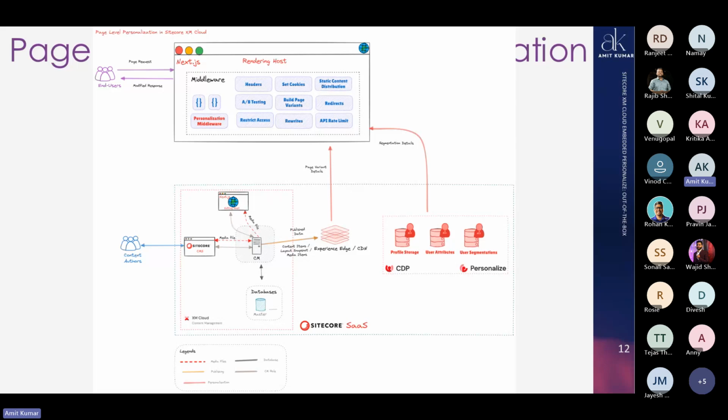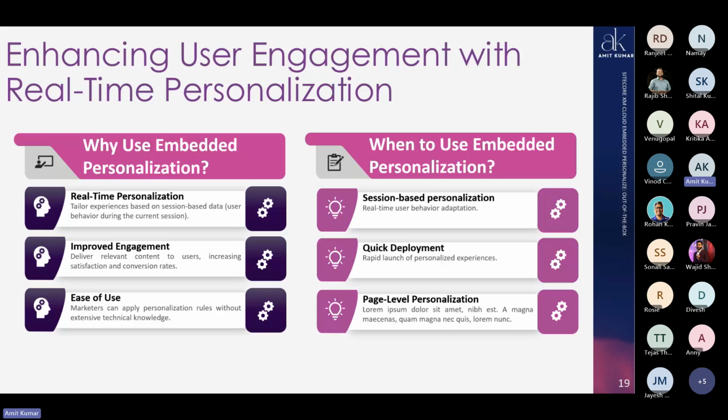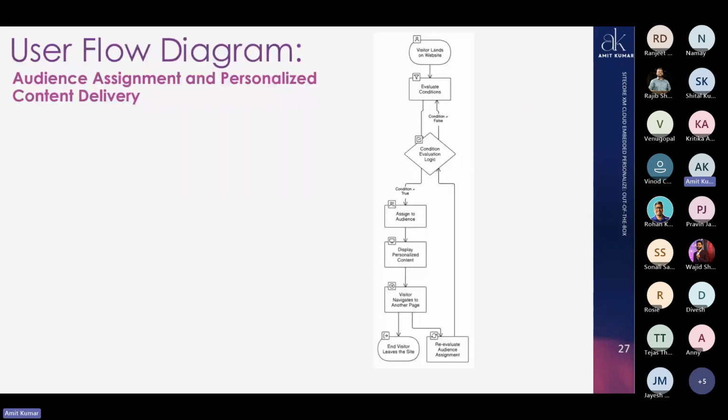Now suppose you have all the segmentation and all the variants. Then how will it assign them? Suppose a visitor, new or returning, lands on your website. Then the conditions will be evaluated. The system checks the visitor against a predefined set of conditions like page views, location, behavior, like the segmentation details you are getting from the personalization engine.